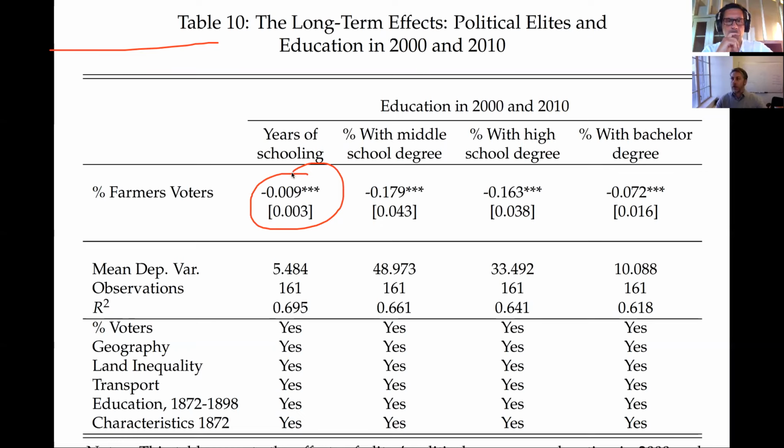So basically, these places converge. It took a long time and they lagged behind, but eventually they converge. So this effect, although it's here, is not massive. The effects really appear more at the top of the distribution still.